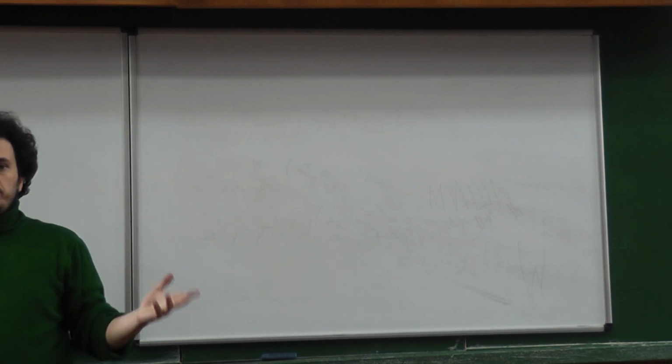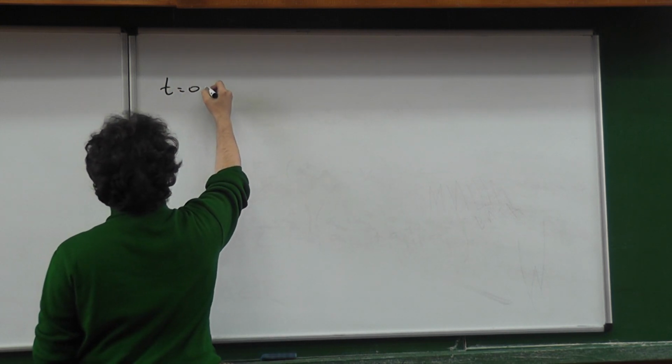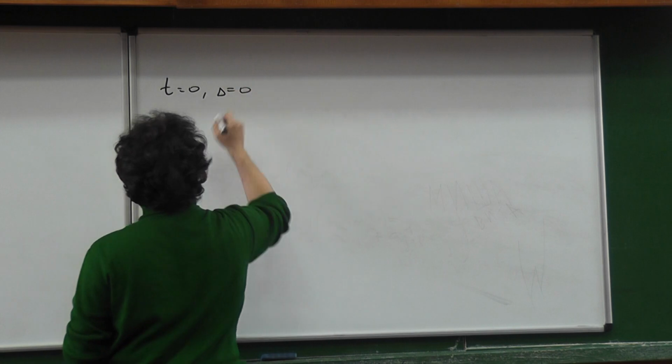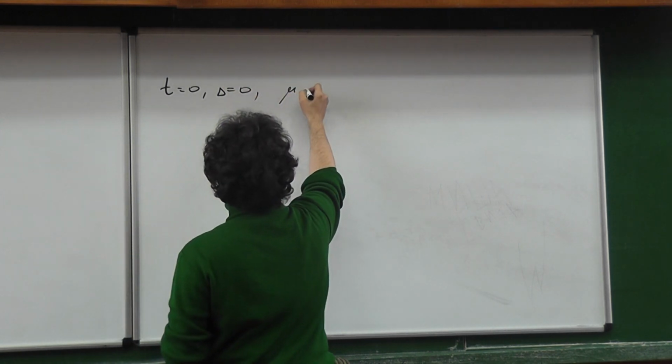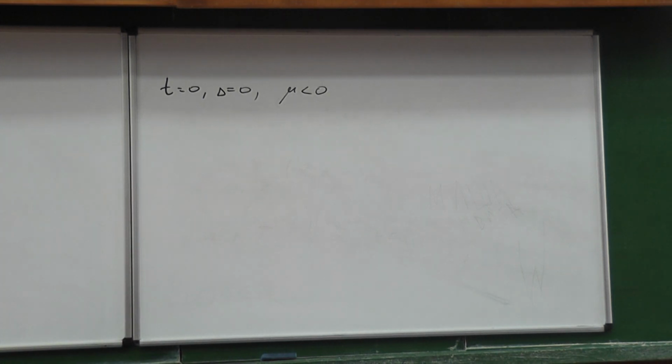Let's consider some simple cases. Let's take, for example, t equals 0, delta equals 0, mu, say, less than 0.